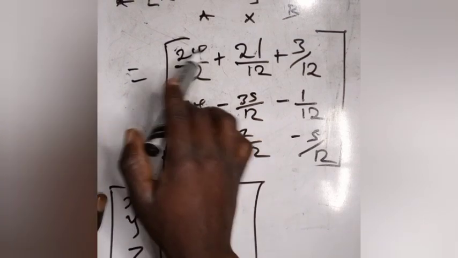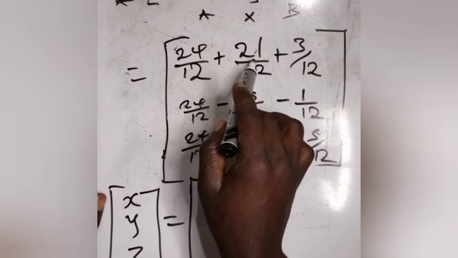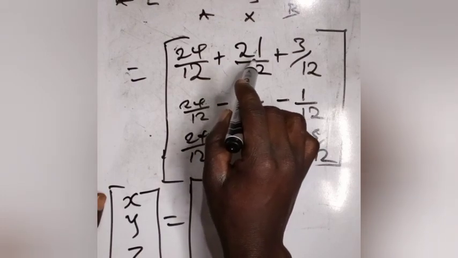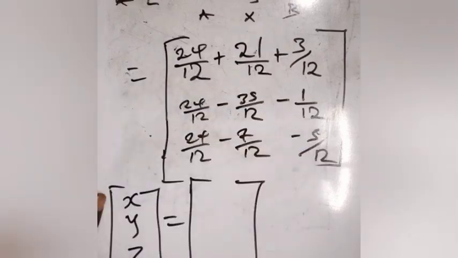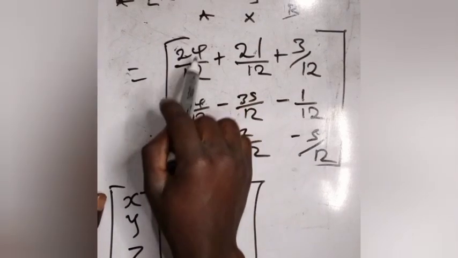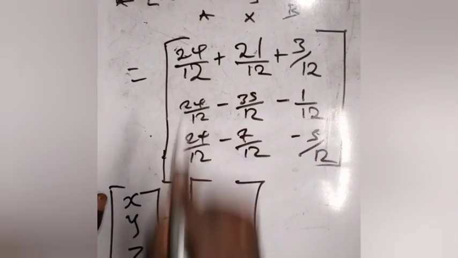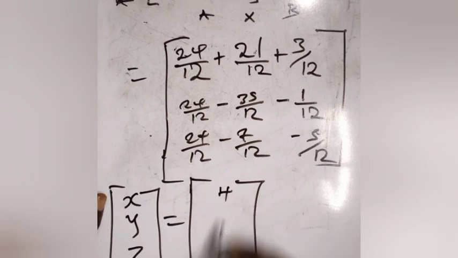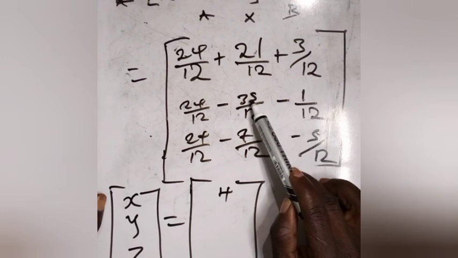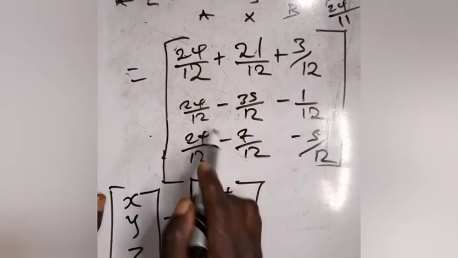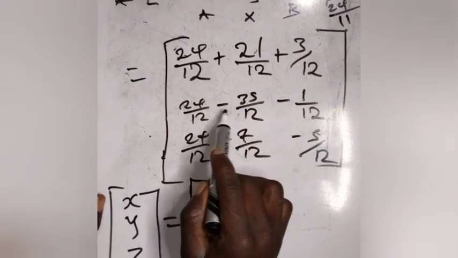So 24 plus 21 plus 3, which is 24 plus 24, which is 48. 48 divided by 12, which is 4. Then here 24 minus 35, so it's minus 11.